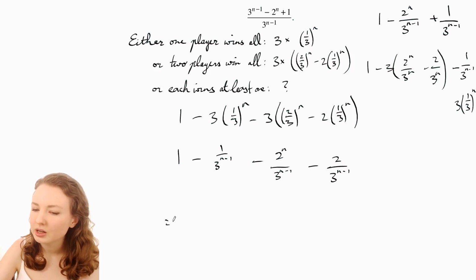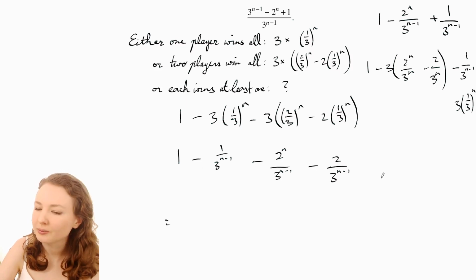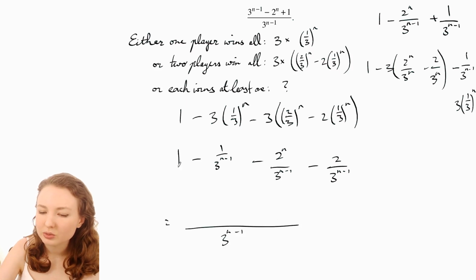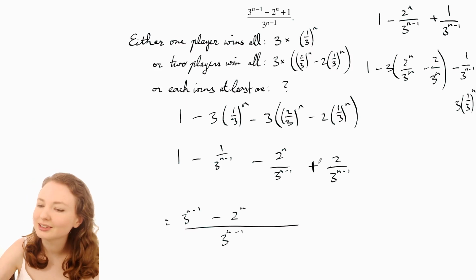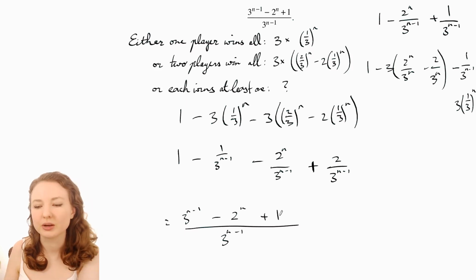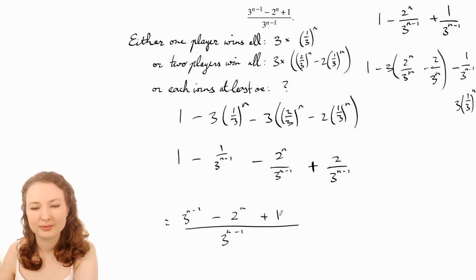And then we can make a common denominator here. So 3 to the n minus 1. This one will be 3 to the n minus 1 on 3 to the n minus 1. And then you've got the minus 2 to the n. Oh, sorry, that should have been a plus, because those negatives cancel. And then you've got the 2 minus the 1. Gives a 1. And that's it.